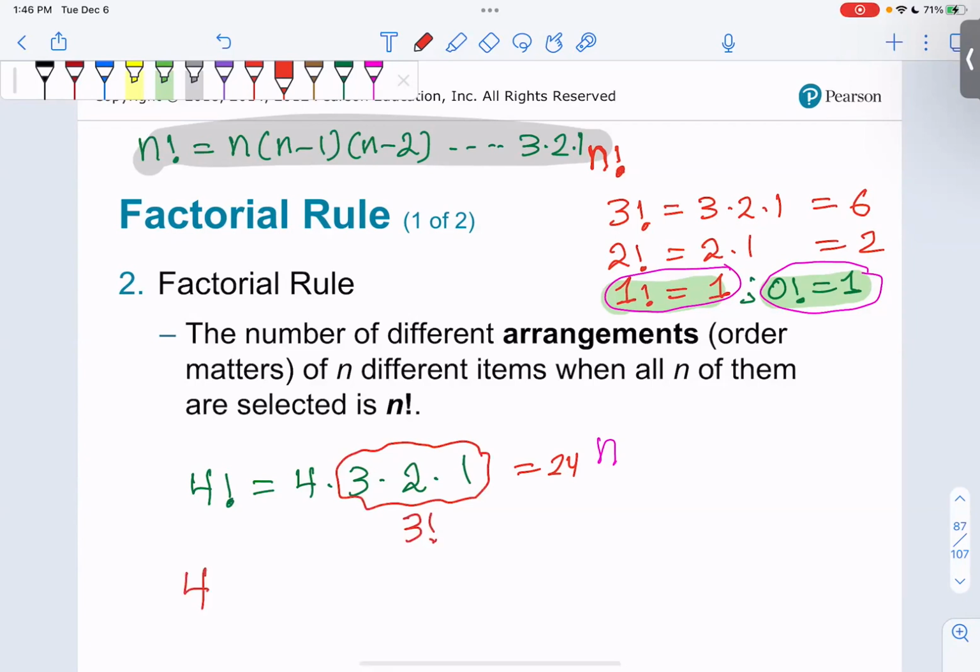So 4 factorial, I can write if I need it as 4 times 3 factorial. Okay? Because it would be 4 times 6, which would give you 24.